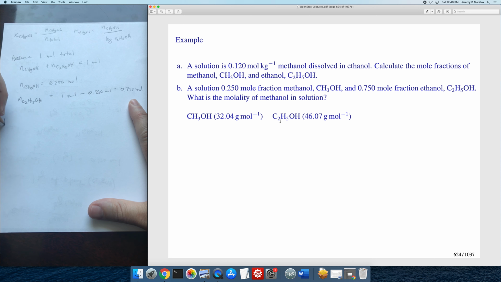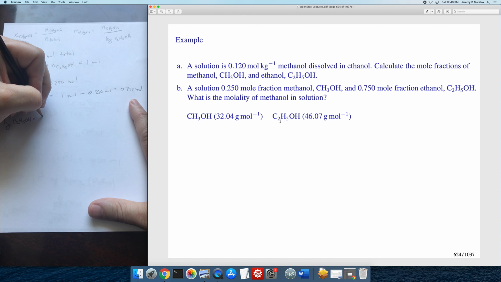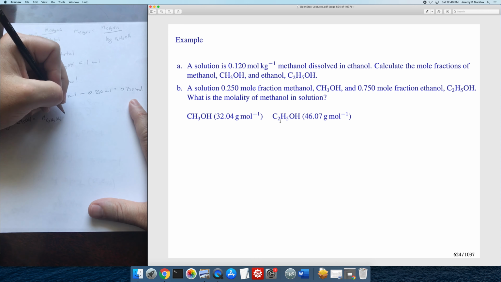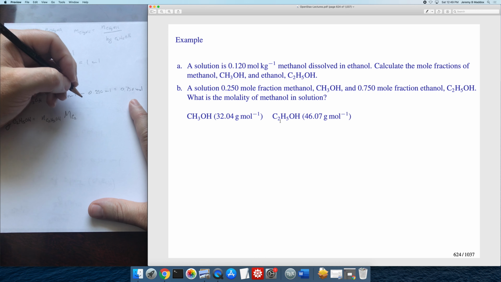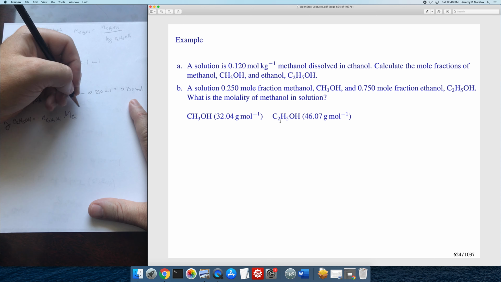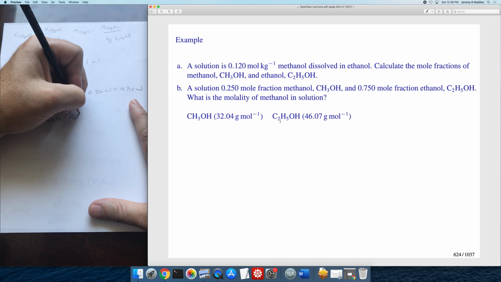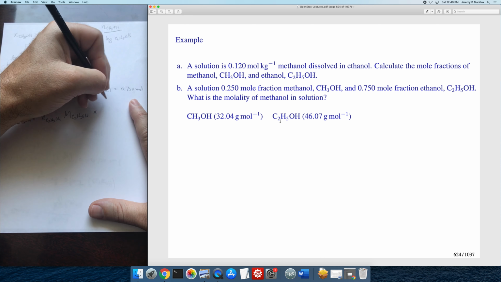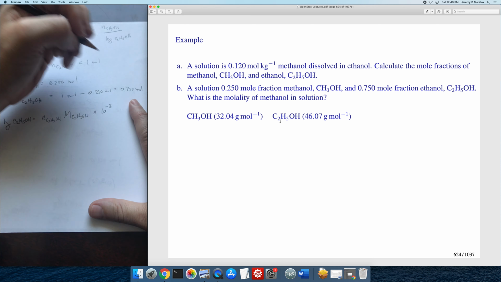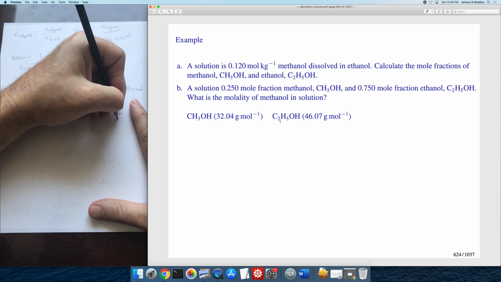So we'll say that the kilograms of the ethanol is going to be equal to the number of moles of ethanol times the molar mass of the ethanol times 10 to the minus 3 kilograms per gram.